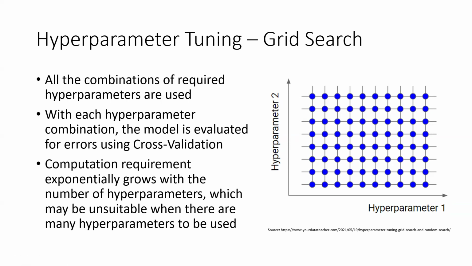But the problem with this approach is that when you have many hyperparameters, this grid technique would not scale, right? For example, in this case we have two hyperparameters. Say we are using 10 values for hyperparameter 1 and 10 values for hyperparameter 2. So there would be 100 machine learning models you have to train, right?